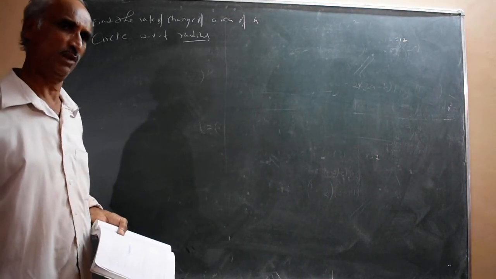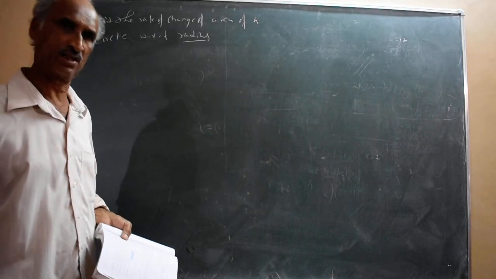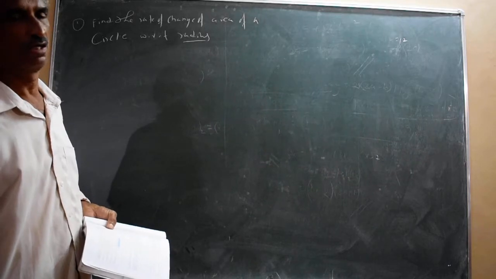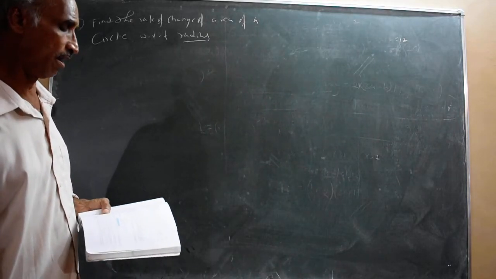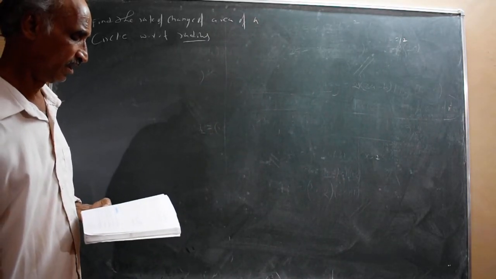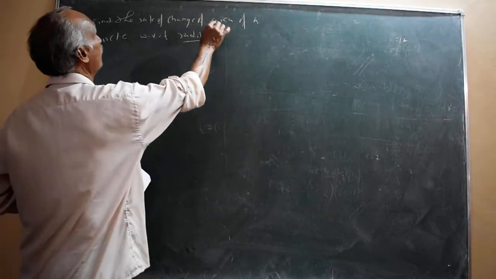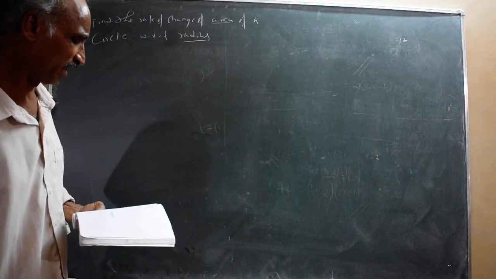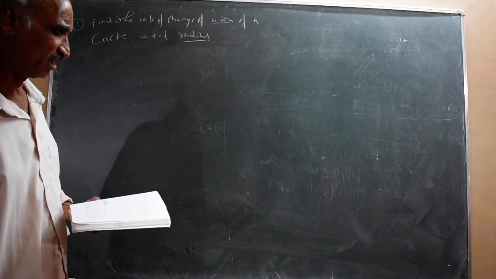Differentiating with respect to x means we are taking d by dx. With respect to t means d by dt. With respect to radius r, d by dr should be taken. Rate of change of area means A, therefore dA by dr you have to work out.